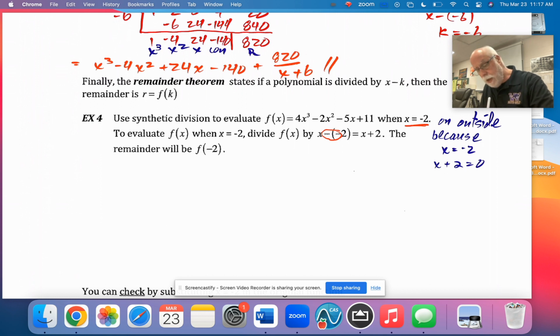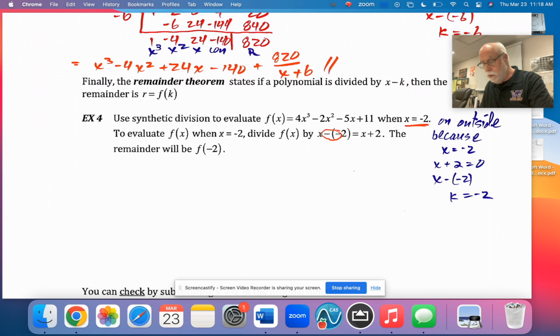So if you think about it, again, to write it as x minus k form, we'd have x minus a -2. So k is equal to -2. So again, when they tell you x equals, just use the number. All right. When we have x minus k, then you're going to change the sign. That's the easiest way to think about it.